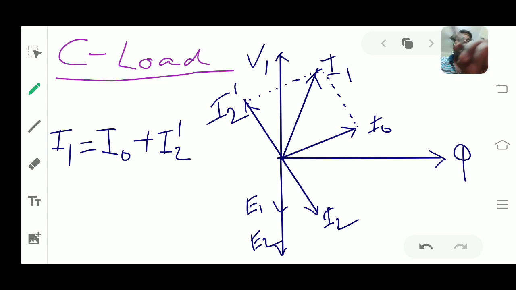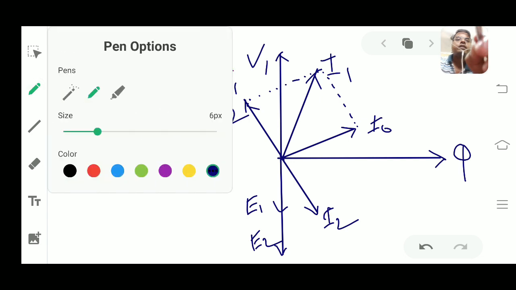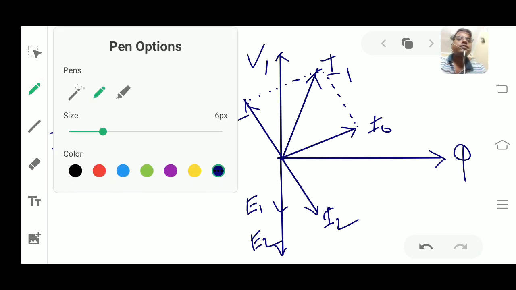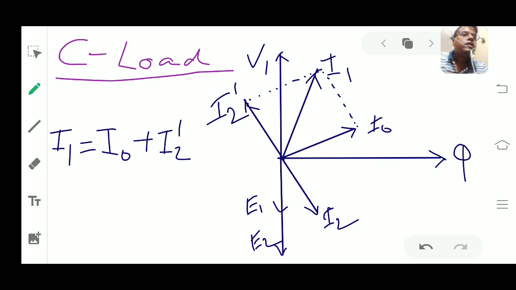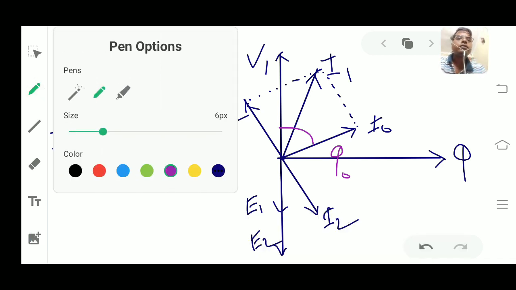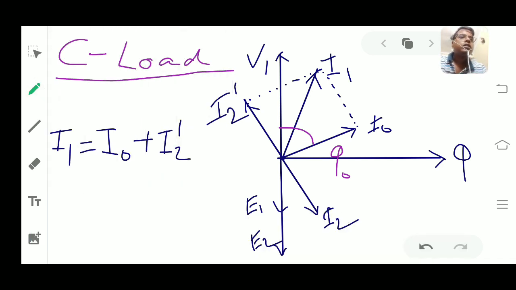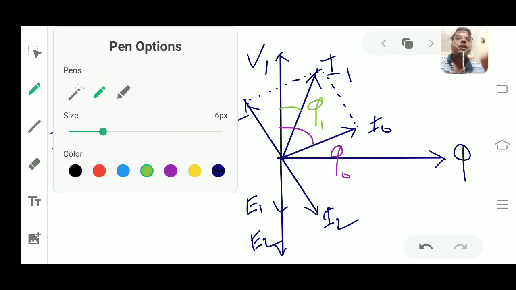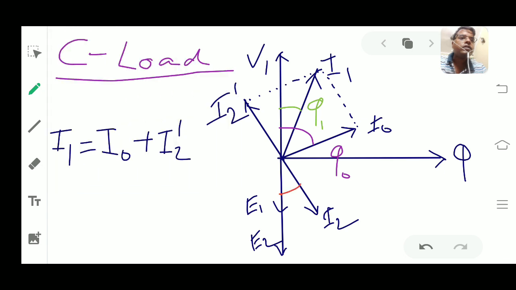Now let us draw the power factor angles. So first, this one is phi naught. This one angle is phi 1 and this angle is phi 2.